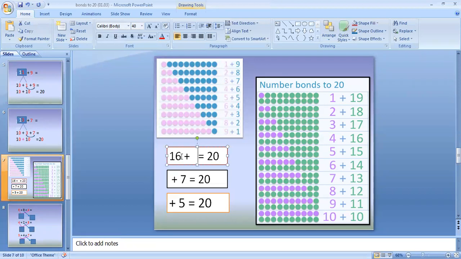Here I need the answer. 16 plus blank is equal to 20. Now check this and tell me the answer. 16 plus which number makes 20? 4.